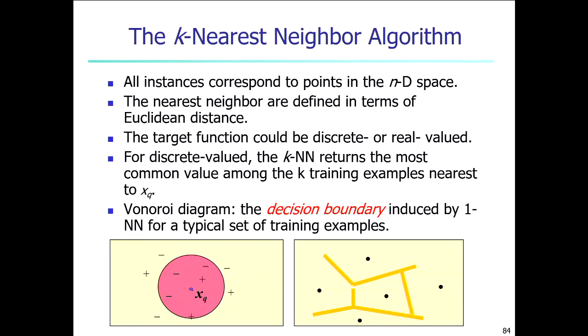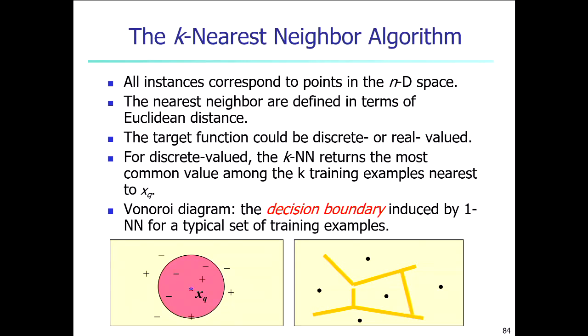So the idea is you store all the data points according to their feature vectors in an n-dimensional space, and you can define the metric of the space. We usually define the metric of the space to be Euclidean distance, and the target function is what you want to predict. If you want to predict a label, it would be a discrete valued target function.